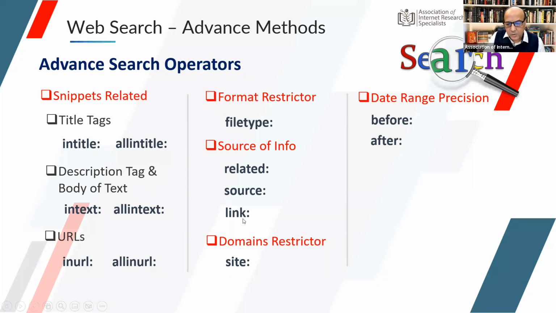Literally, it's a scraping of links that contain certain words or certain domain names. Then we have the domain restrictor, site colon, with which we are restricting our search results to a specific site.